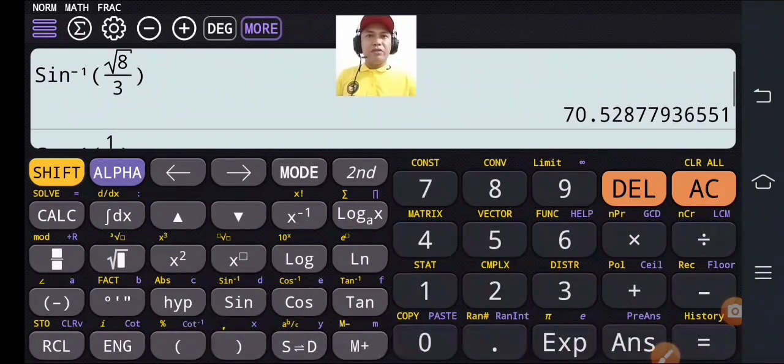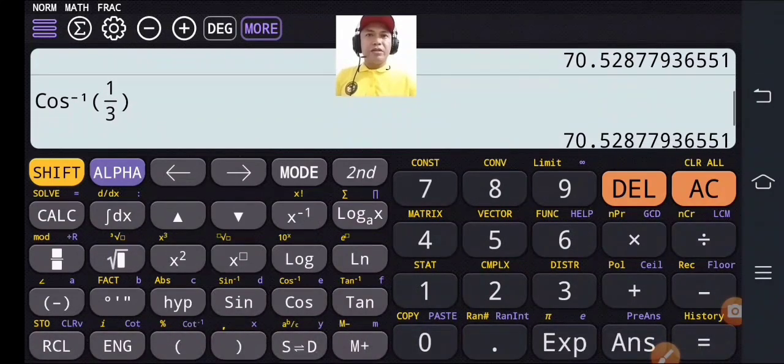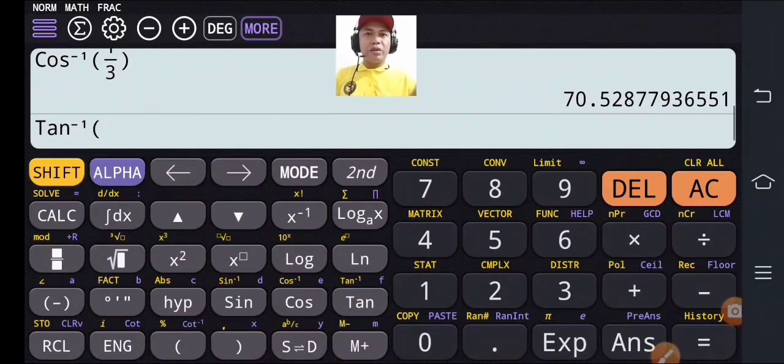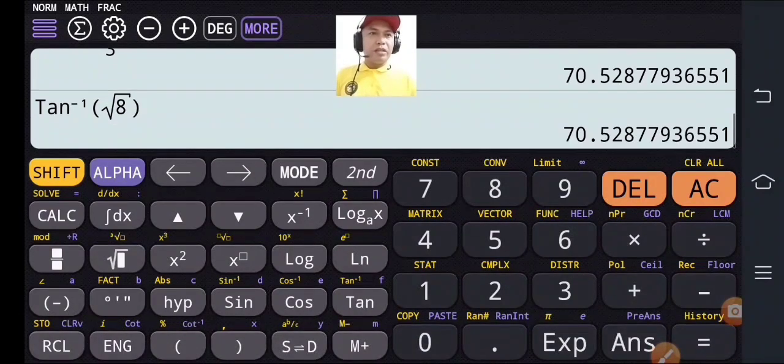So tangent is square root of 8. The result is still the same, 70.53 degrees. So our angle is 70.53 degrees. Angle x is 70.53 degrees.